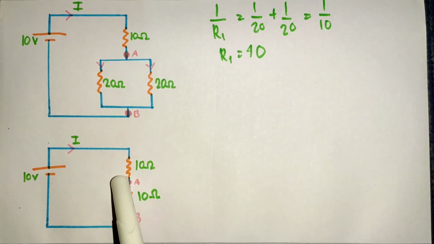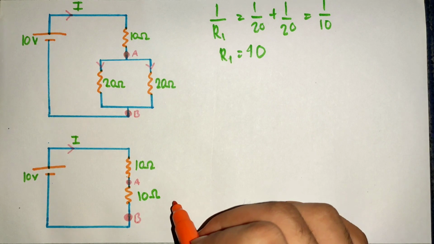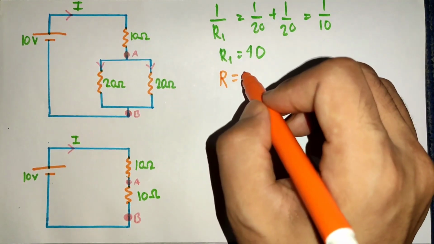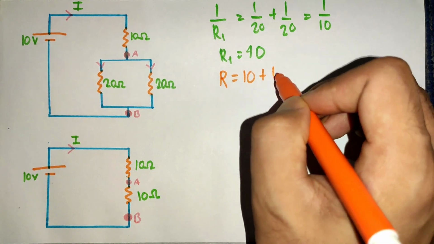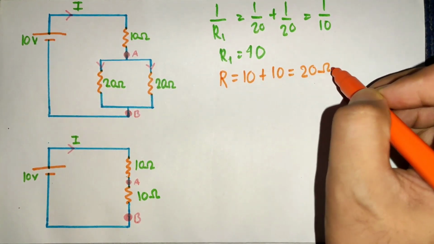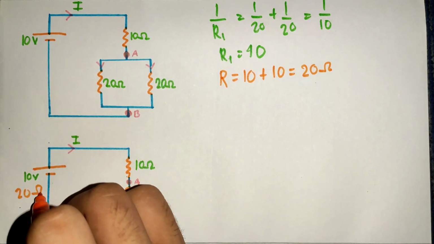We know these two resistors are in a series connection. So let's use our series formula to calculate equivalent resistance of the whole circuit. R equals to 10 plus 10 equals to 20 ohm.